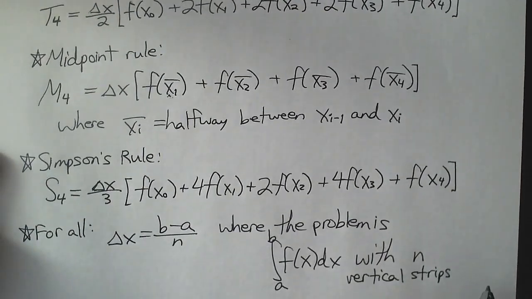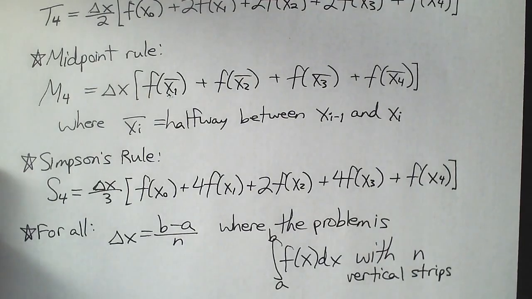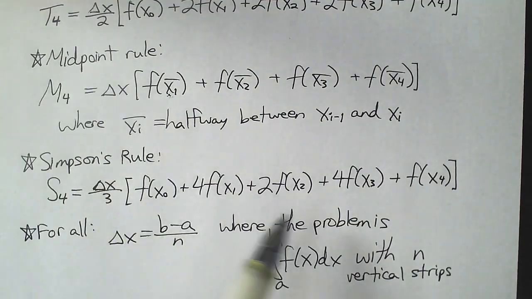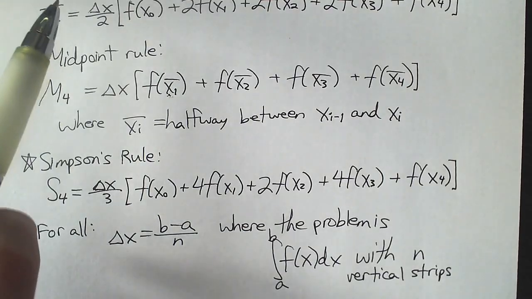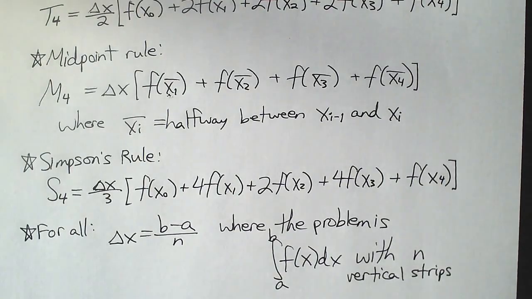I'm saying vertical strips because they could be thought of as rectangles. Like if it's the midpoint rule, then it's n rectangles. But we said that for the trapezoid rule and Simpson's rule, they're technically not rectangles anymore because the top of it is being sliced off in a different way.